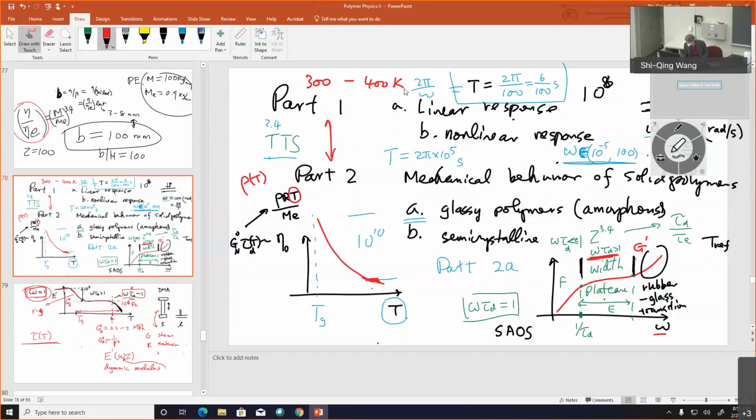And therefore, you can overcome the fact that your omega, let's say, I know the upper limit you're going to use is 100. Lower limit, very often, our patience tells us we don't go beyond 10 to the minus 2 or 3.